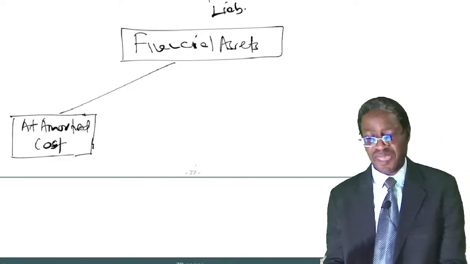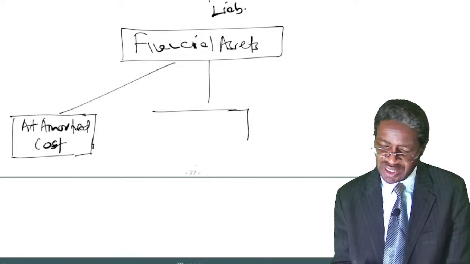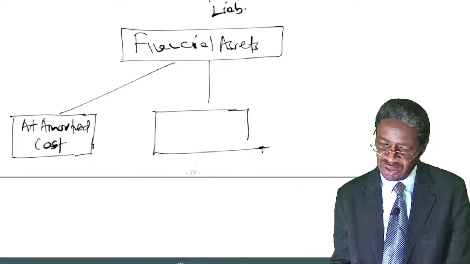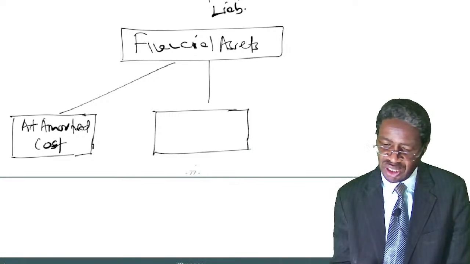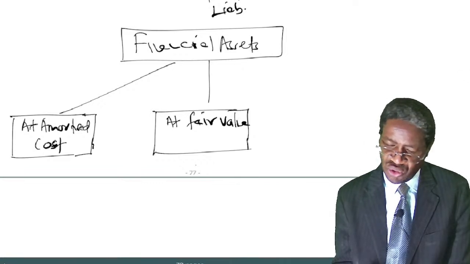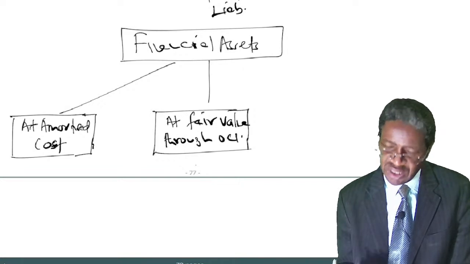That's one way. The second way we have said is that a financial asset can also be measured at fair value through OCI.